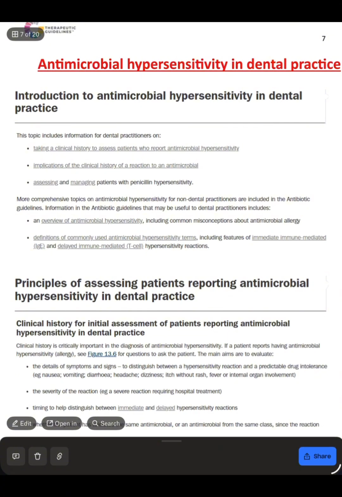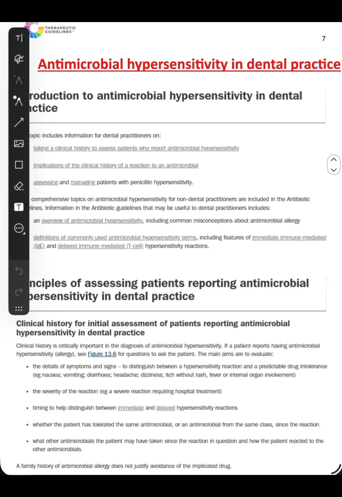So, principles of assessing patients reporting antimicrobial hypersensitivity in dental practice. Clinical history for initial assessment of patients reporting antimicrobial hypersensitivity in dental practice.